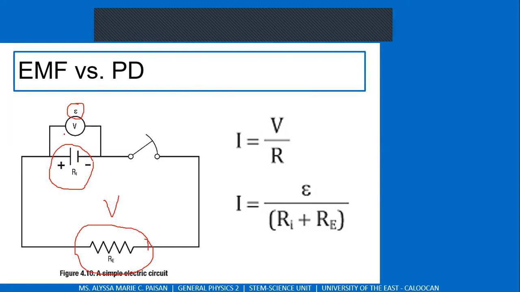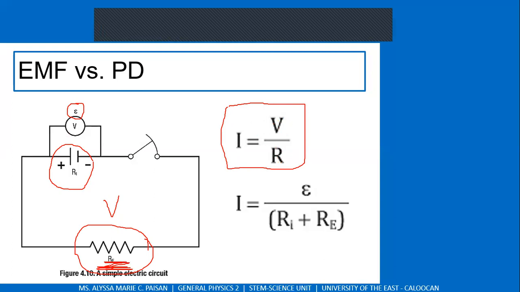Minsan, manonotice nyo to, i-measure nyo yung voltage ng battery, tapos magiging iba siya dun sa voltage ng mismong resistor natin. And again, that's because the battery itself already has its own resistance, although napakaliit lang niya. So, originally, if the circuit is ideal, the current is equal to V over R, equal to the quotient of the potential difference and the resistance of this.